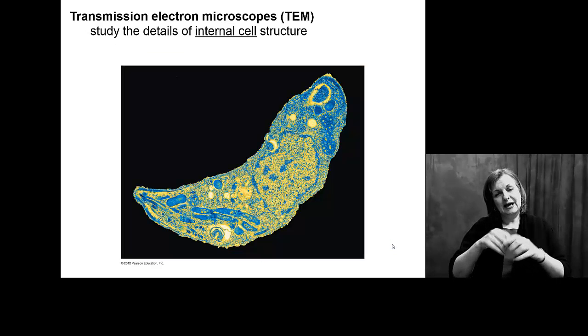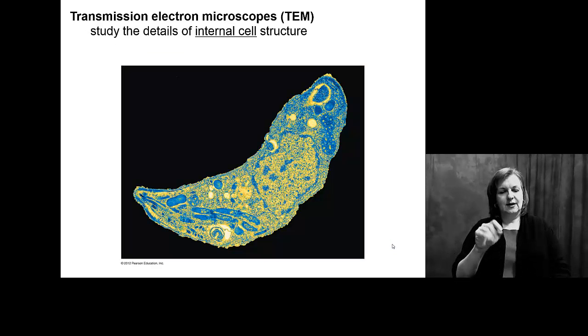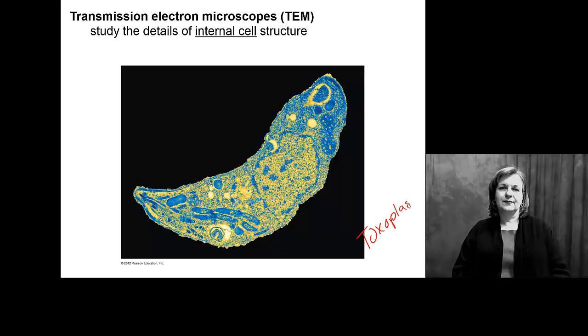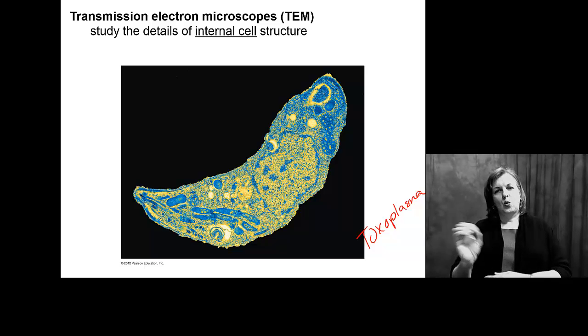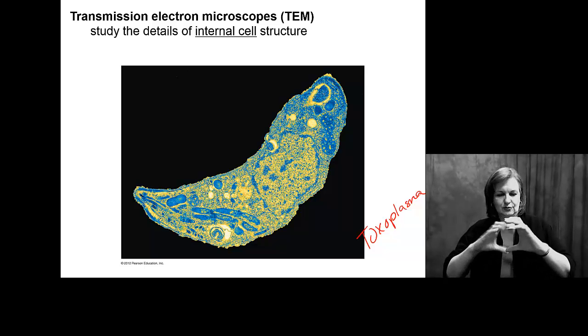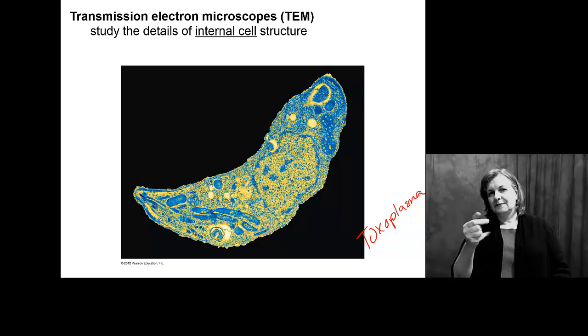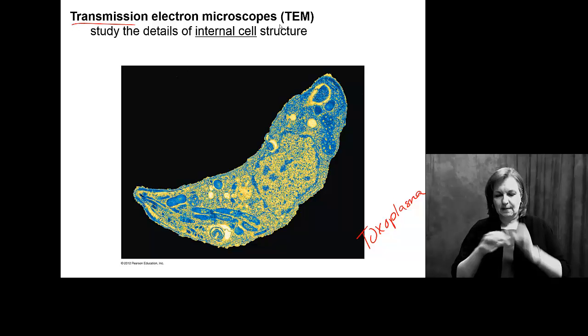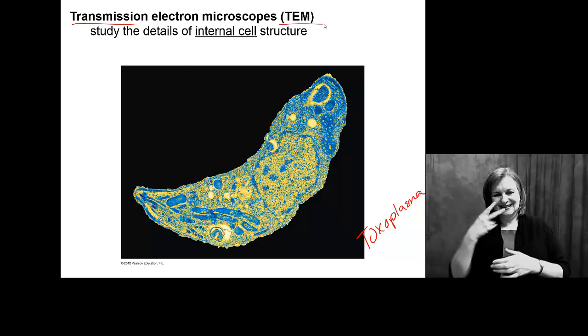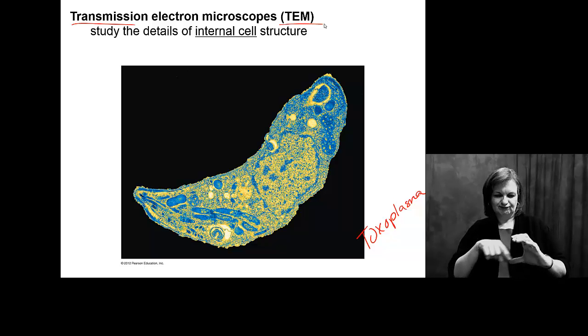Here's the internal structure of something known as a toxoplasm. So another type of organism where we're looking at internal structures now. Transmission, or TEM, microscopy, allows us to look at those inside structures.